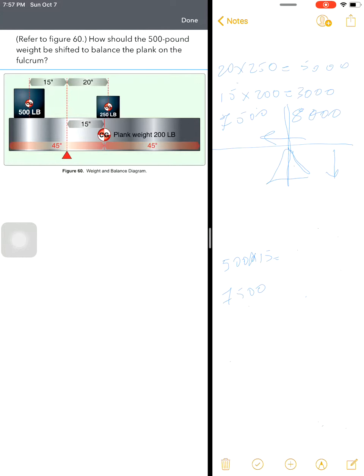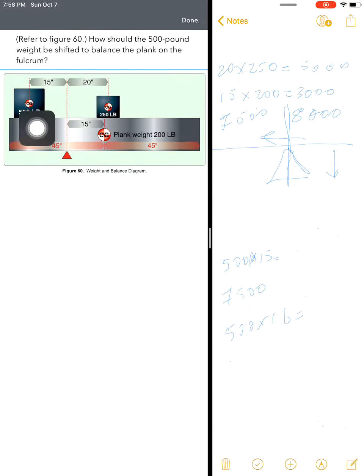We know that we are 500 short by looking at the 15 inches. Let's add one more inch and see what we get. Let's try 500 multiplied by 16 inches. We're going to just move it to the left a little bit.